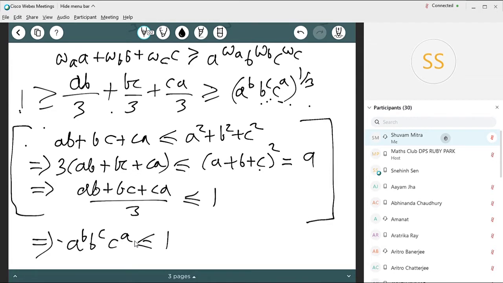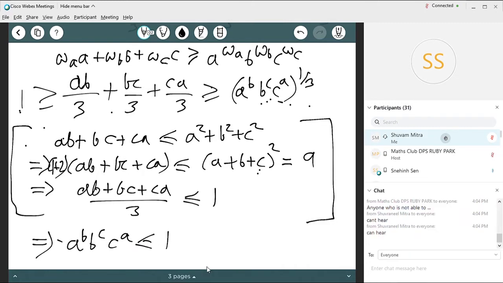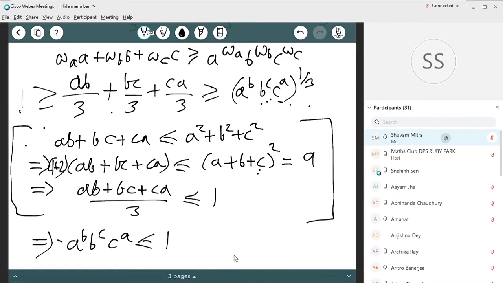This 3 you can write as 1 plus 2 times (AB plus BC plus CA). 1 is for this one and 2 is just straight away addition. Because it's a constant addition, it's constant with respect to the inequality. We are adding the same thing on both sides, so the inequality doesn't change. Okay.